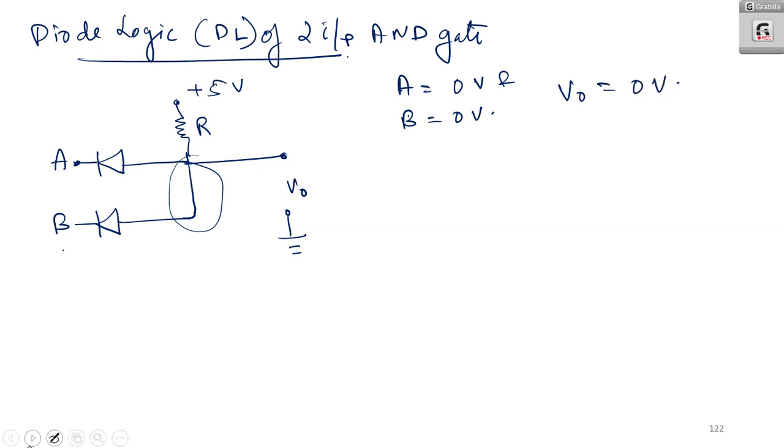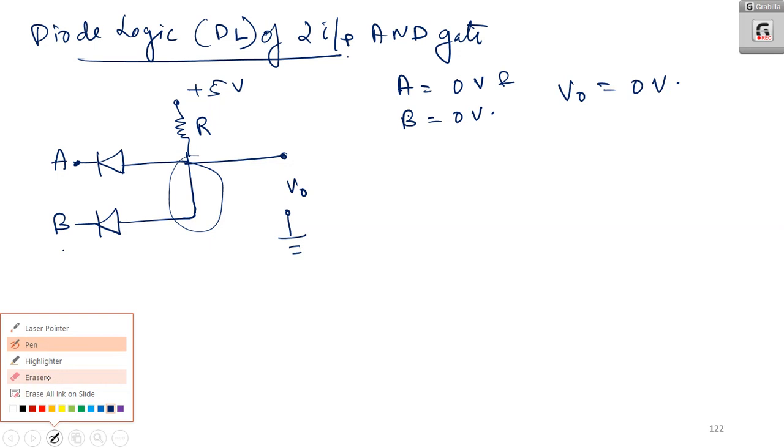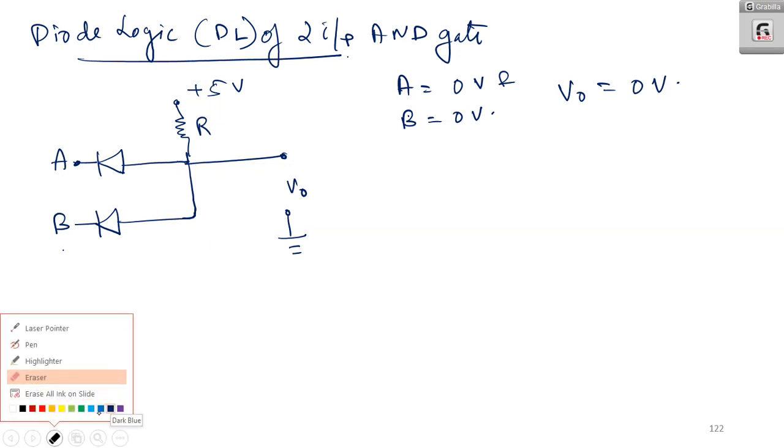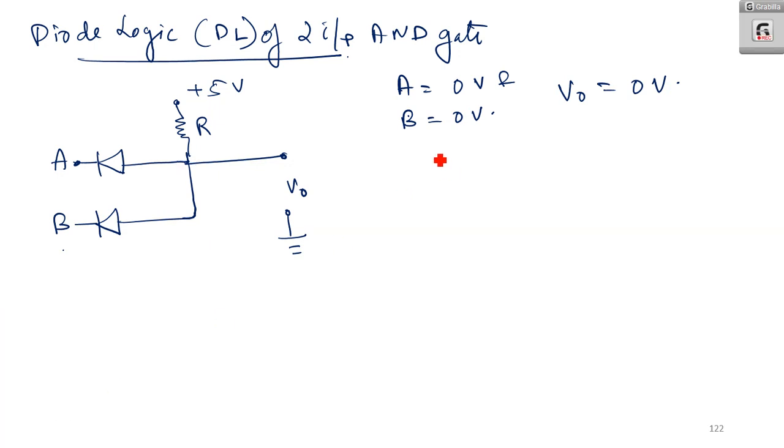Okay. Now, if my value is A is equal to 0 volt and B is equal to 1 volt. In that case also what happens? This is 0 volt. So the current passes directly here. That means the output is also 0 volt. Output appearing is 0 volt. Okay.